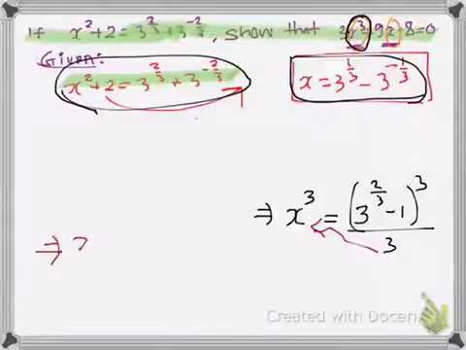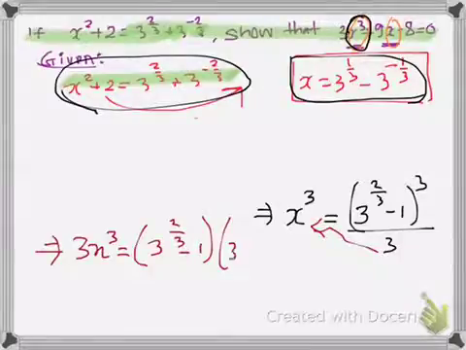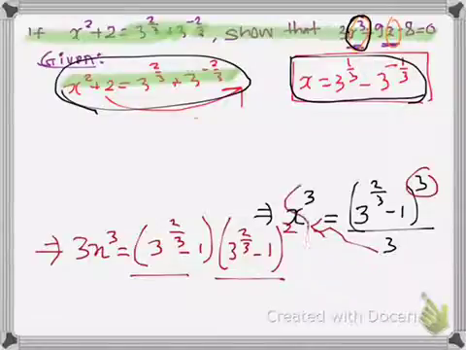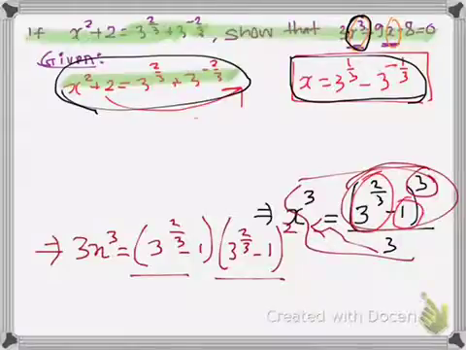By cross multiplication we get 3x cubed is equal to (3 to the power 2 by 3 minus 1) times (3 to the power 2 by 3 minus 1) whole squared. Since this term is multiplied to give a whole cube, I've just broken this part down as squared and power 1. Or you can also apply the formula for (a minus b) whole cube.